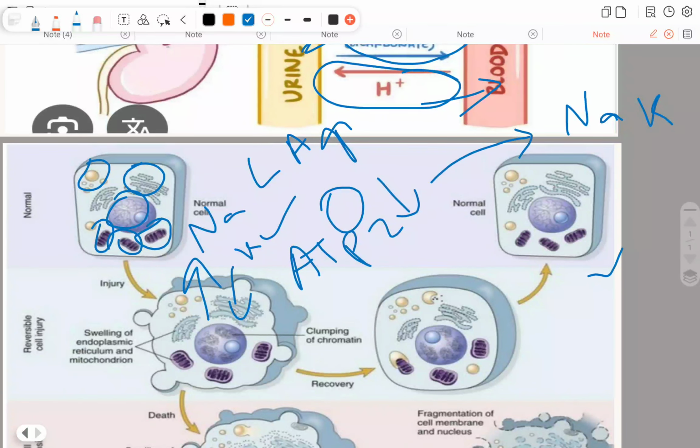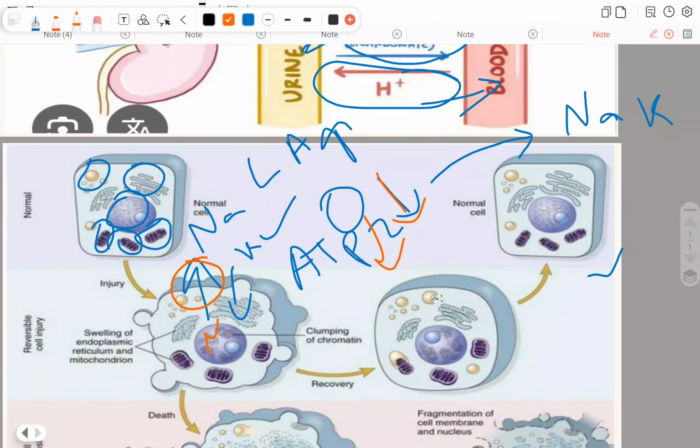By this way the cell keeps its normal function. Now there is no oxygen, and there is no ATP energy for keeping the sodium potassium channel working.